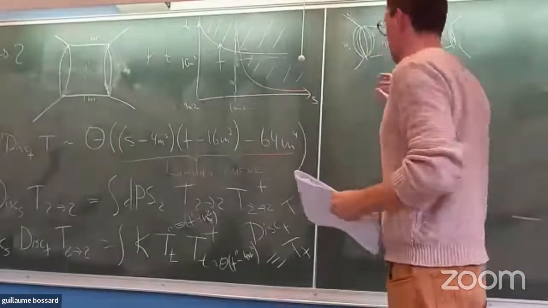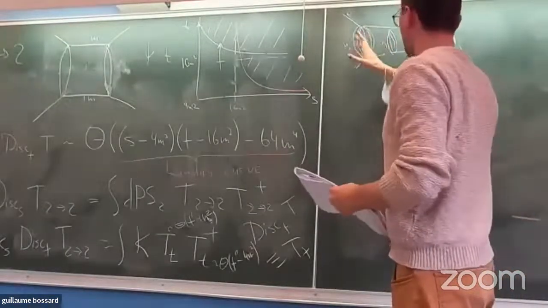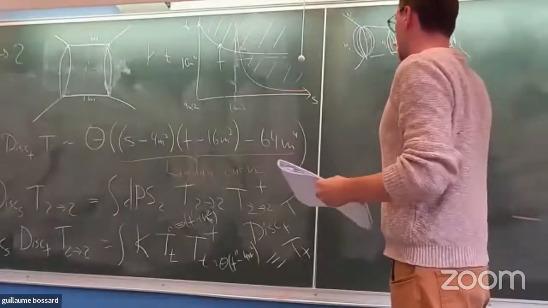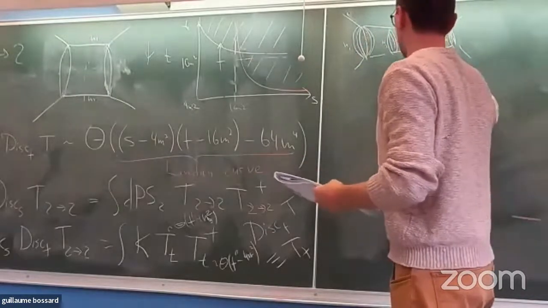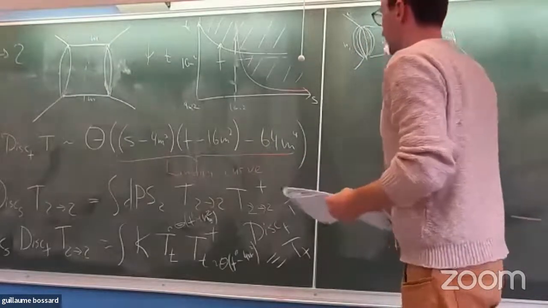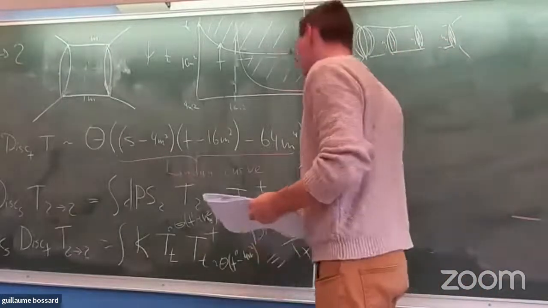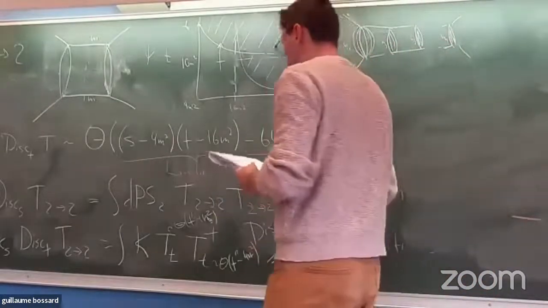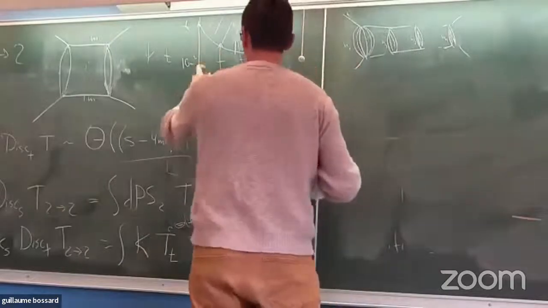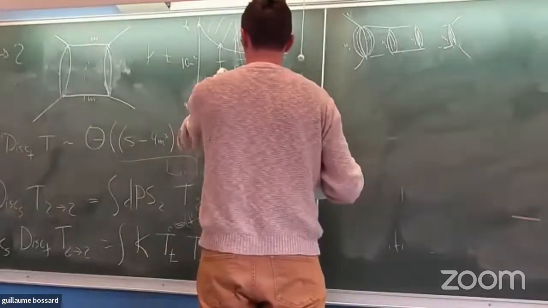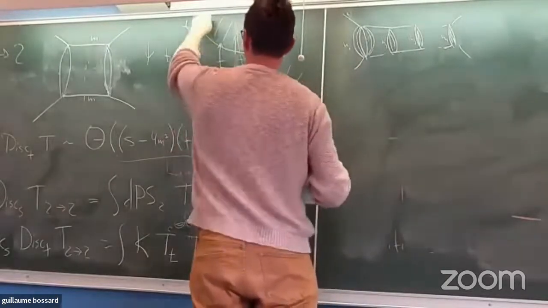So you don't have to compute them. There are many ways to compute them. Either you can do the Landau equation for this graph, or you can solve it using this kernel. In any case, I would say that here all the Landau curves are known in this strip.